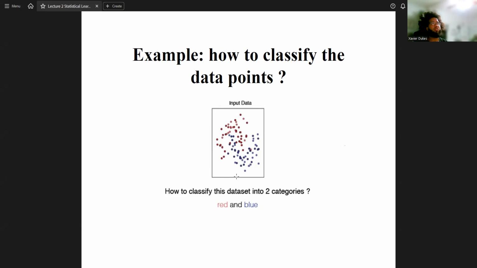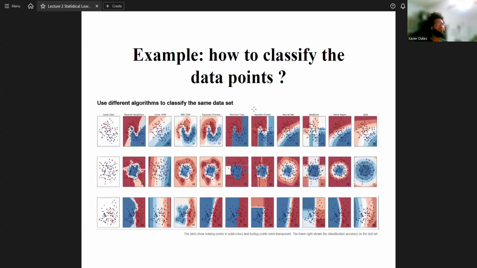So we can do this using some sort of curve, maybe one or two curves in there to better represent it, things of that nature. How can we accurately dissect this into two categories? There are many ways that you can do that. These are just a couple of the solutions using different algorithms to solve the same set.